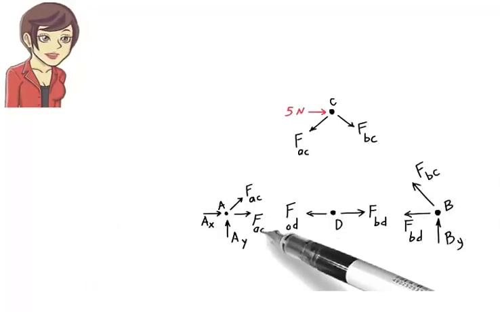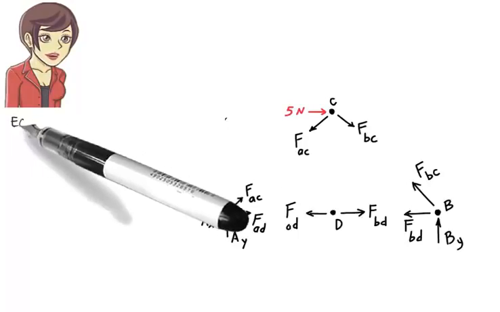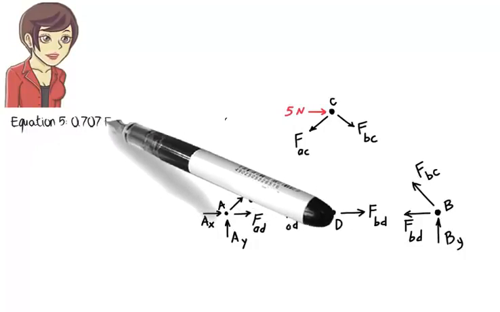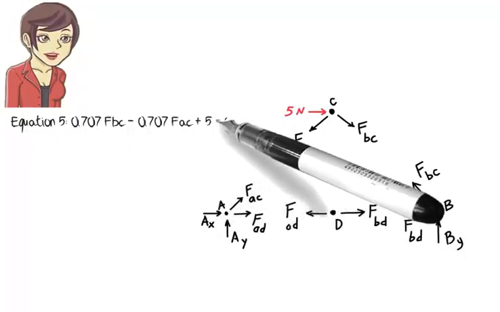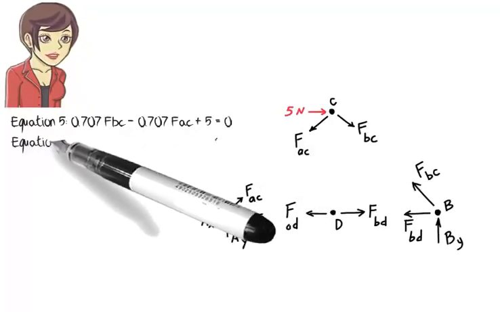Now, if I replace FCD in the joint free body diagrams with 0, we get the simplified diagrams. Scanning the diagrams again, I notice joint C now has only 2 unknowns. Then I should be able to solve for the unknowns using equations 5 and 6. Here they are in the simplified form where FCD is replaced with 0. 0.707 FBC minus 0.707 FAC plus 5 equals 0.